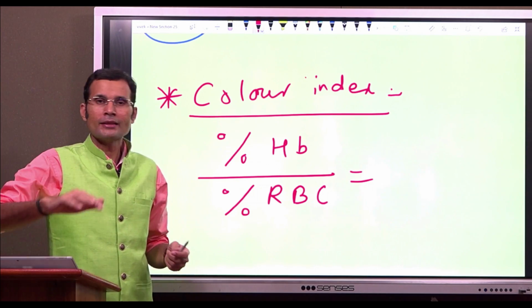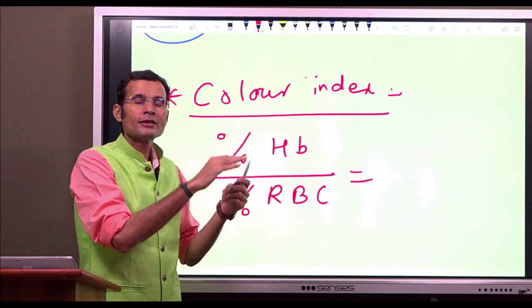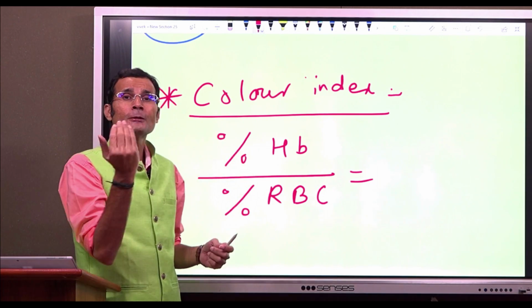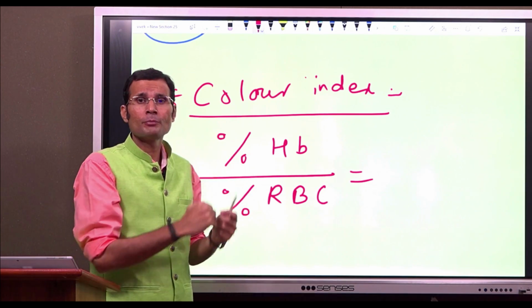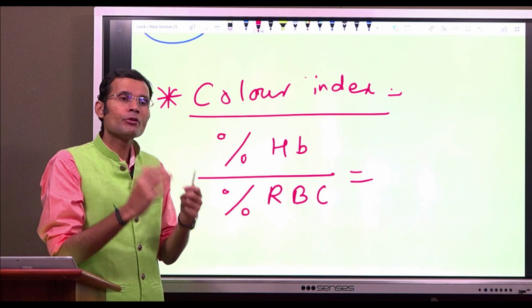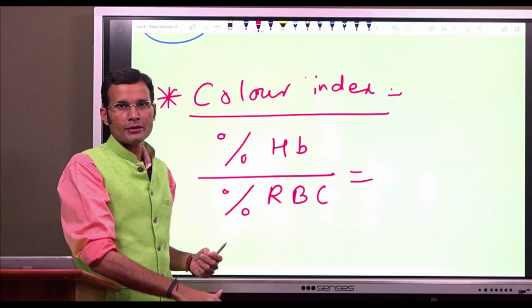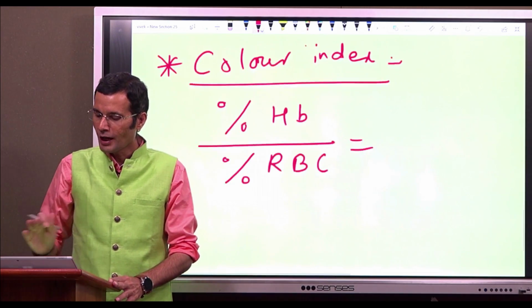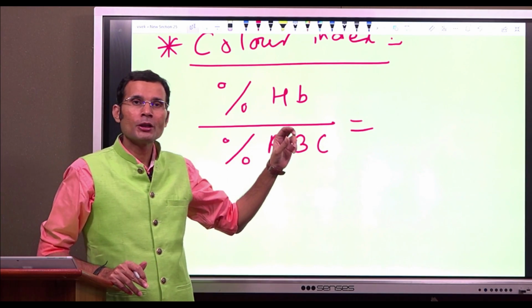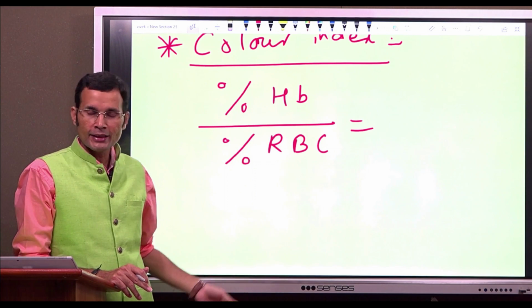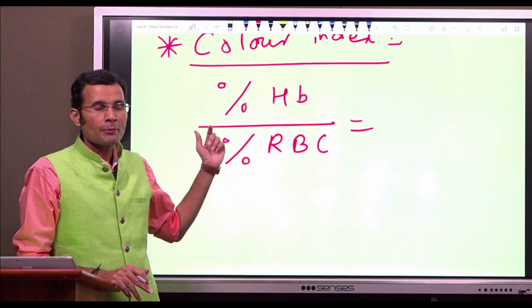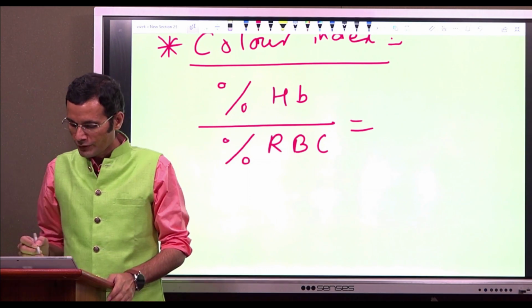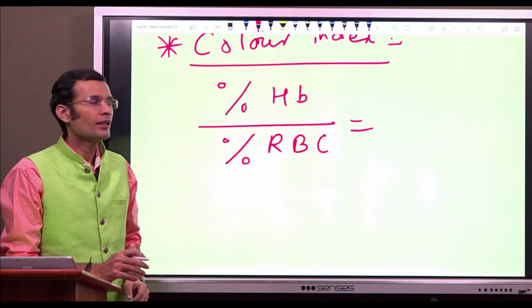That's the standard, the reference level. So if the person's RBC count is 4 millions per cubic millimeter, we will say the person has 80% RBC count. That is how we decide the percentage of hemoglobin and the percentage of RBC count, and then their ratio is called color index.